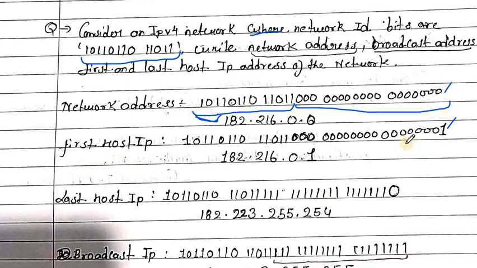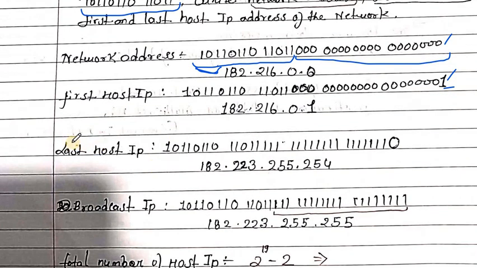So here the first IP address is this. Now the last IP address is this, where all bits are ones except the last bit, because if the last bit becomes 1, then it becomes the broadcast address. So the last bit of this IP address is 0, and it is the last IP address.